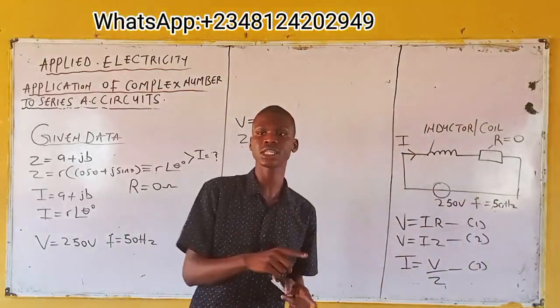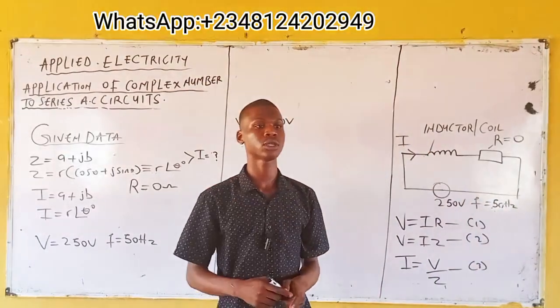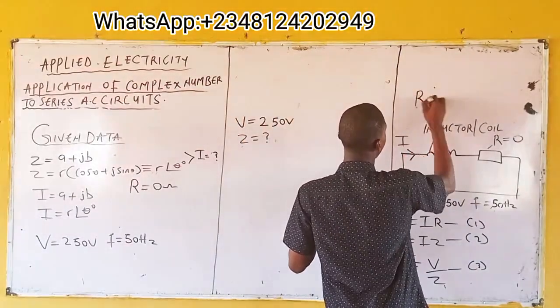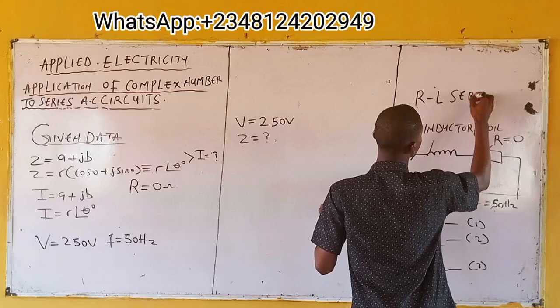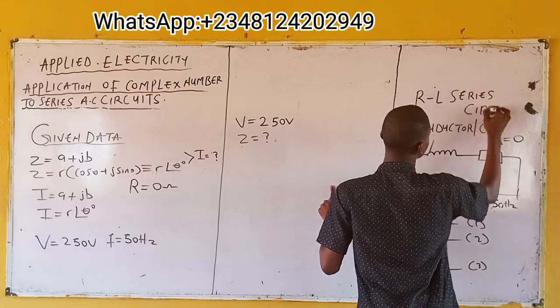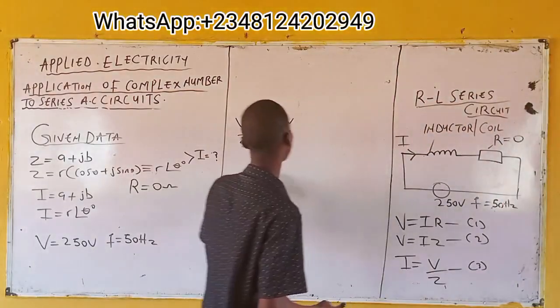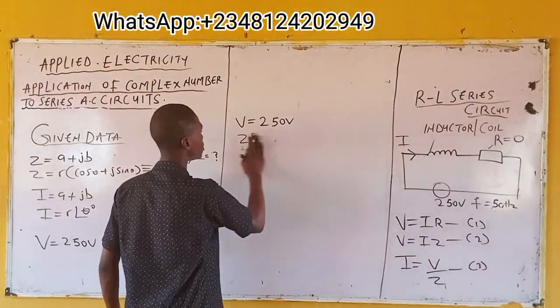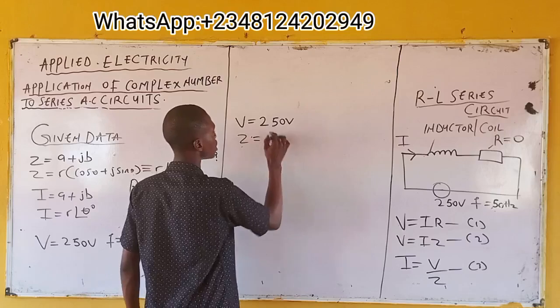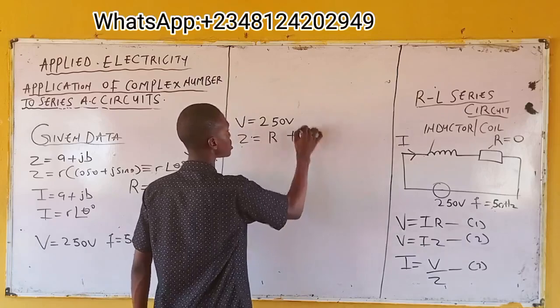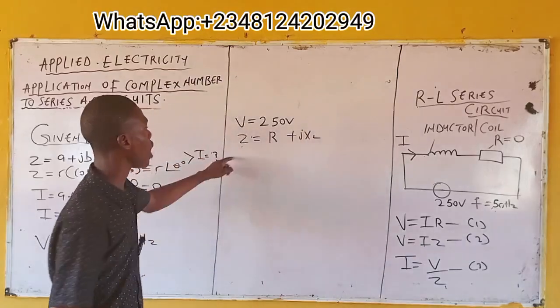Is it an RC circuit or RL circuit? This is an RL series circuit. For an RL series circuit, the formula for Z is R plus jXL.